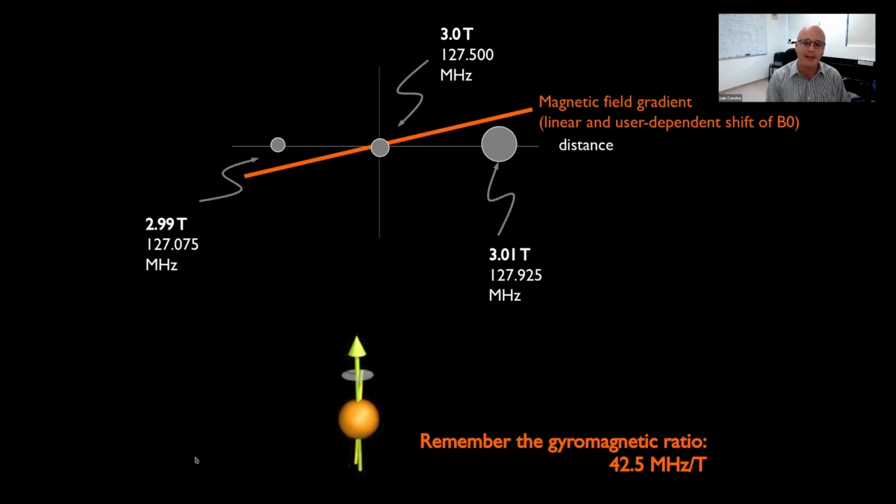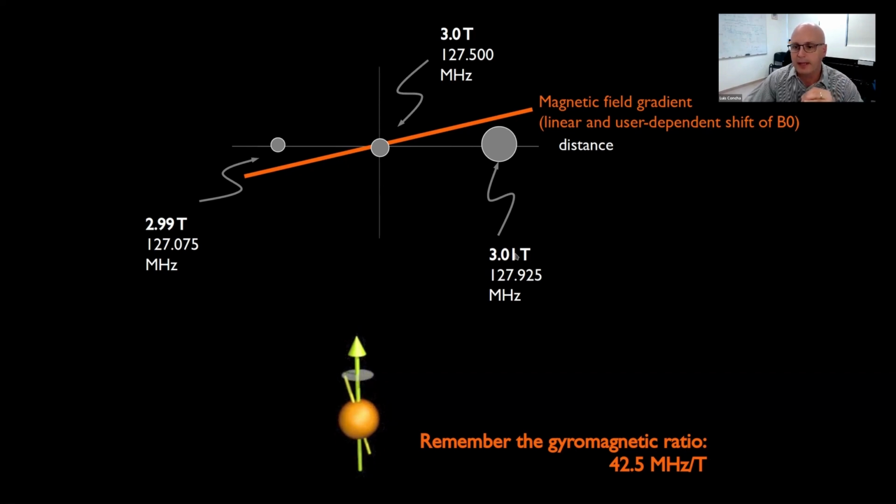And if we have 3 different samples in a scanner and we want to know where they are, if we put the scanner at, say, 3 Teslas, but we slightly modify the magnetic field strength from the left hand of the image to the right hand of the image using what we call a magnetic field gradient, that is a linear and user-dependent shift of B0, we can make this right-hand side have a little bit higher magnetic field than on the left.